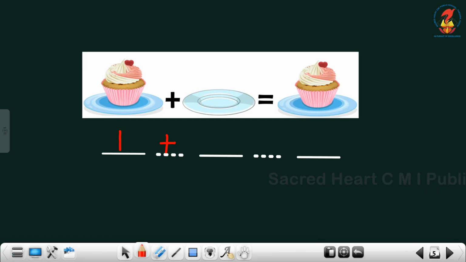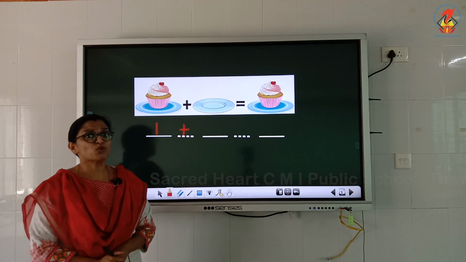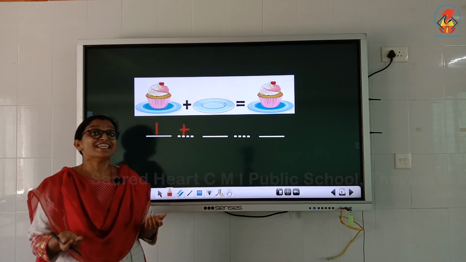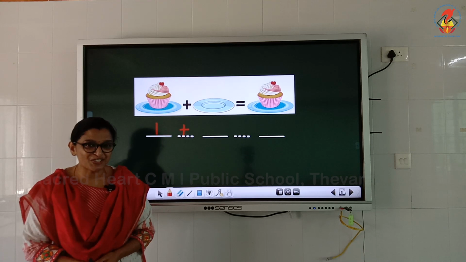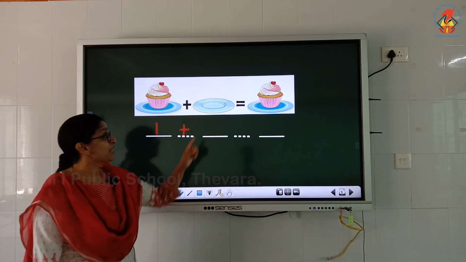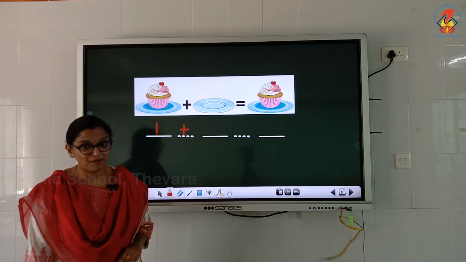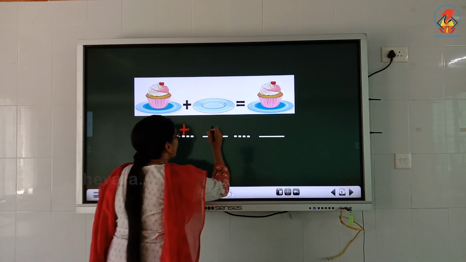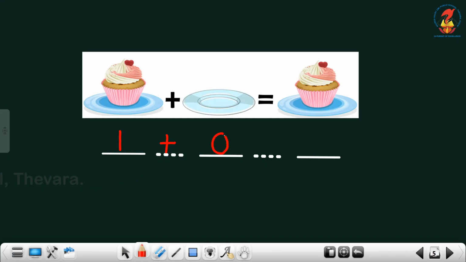Oh, there is no cake in the second plate. So what do we do? 0, correct. Good children. 0 means nothing. So there is no cake in the second plate. So we will write number 0. Then we need to put equals.